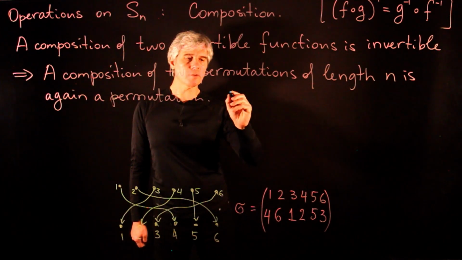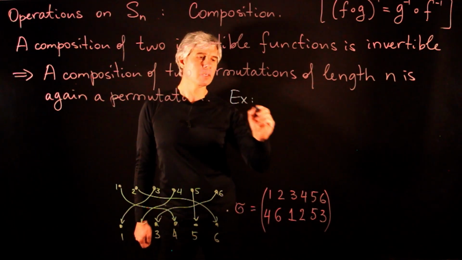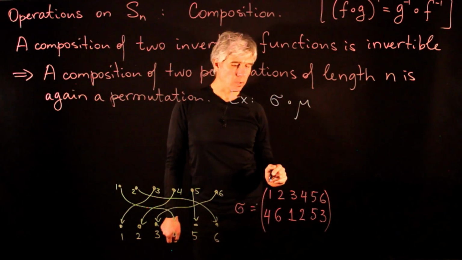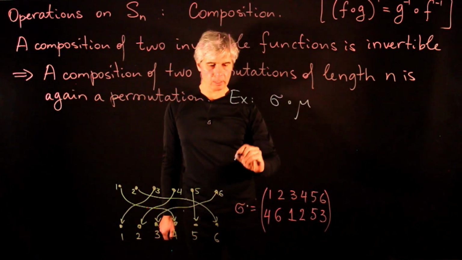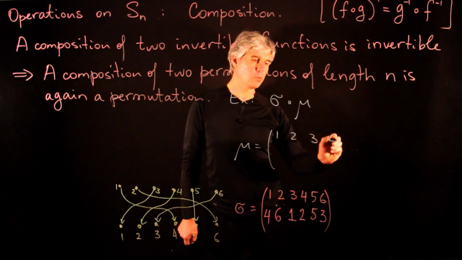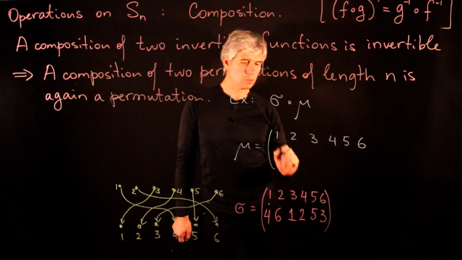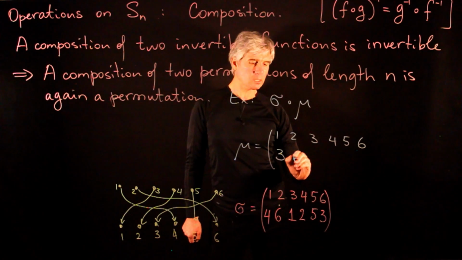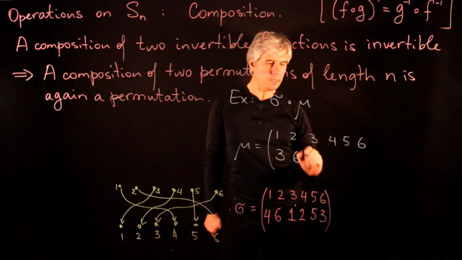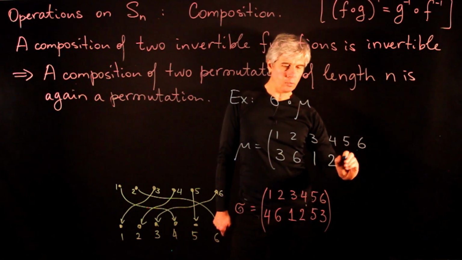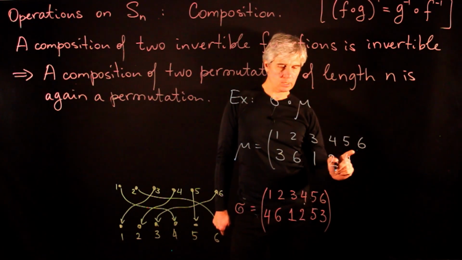Let us look at the following example. So let us compute sigma composition with mu, where mu is the following permutation. So 1, 2, 3, 4, 5, 6. So 1 goes to 3, 2 goes to 6, 3 goes to 1, 4 goes to 2, 5 goes to 4, and 6 goes to 5.